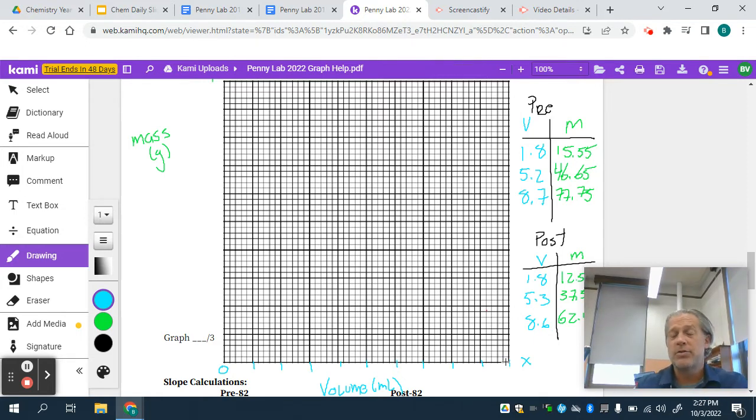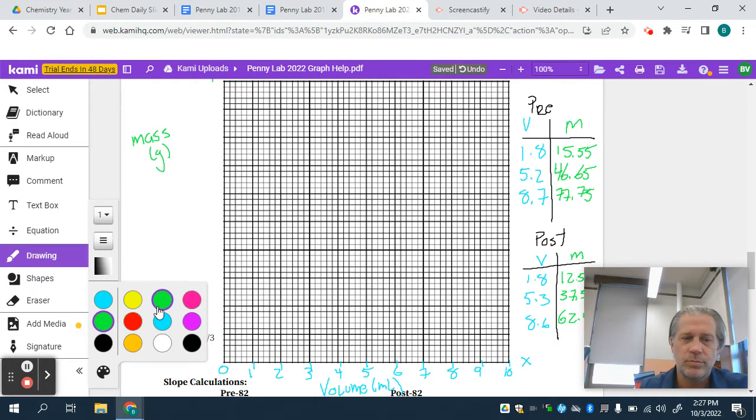So there are 10 of those darker lines. In my volume section, my biggest number is around 9, so I'm just going to go by ones, 1 through 10, to use as much of the graph as possible.